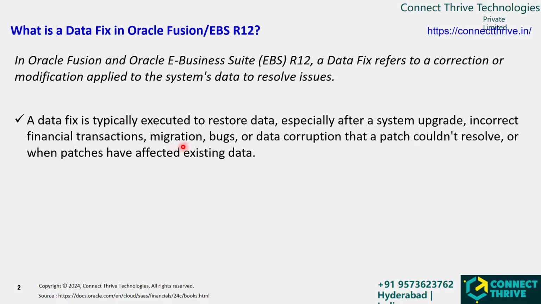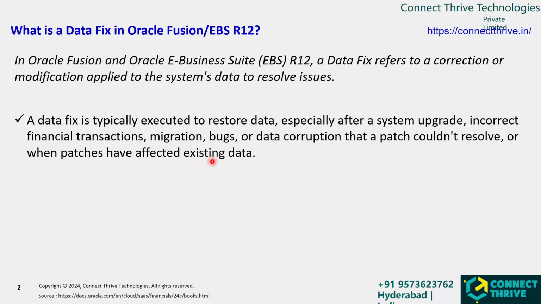During the migration phase from one source system to another target system, if any bugs are raised or any data corruption happens, even though a patch is applied, it will work only for newly created transactions. It won't look at existing transactions. That fix may not work for the previous transactions. And at the same time, if you raise an SR for one issue and they give a patch, that issue gets resolved, but it may cause a new issue.